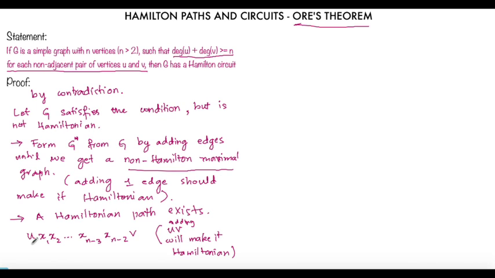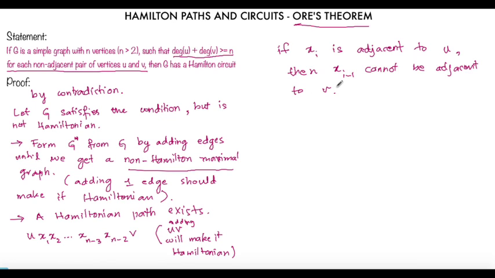Now we just try to make an observation here. We'll say that if vertex xi is adjacent to u, then xi minus 1 cannot be adjacent to v. Why? Let's say this is false, that xi is adjacent to u and xi minus 1 is adjacent to v.